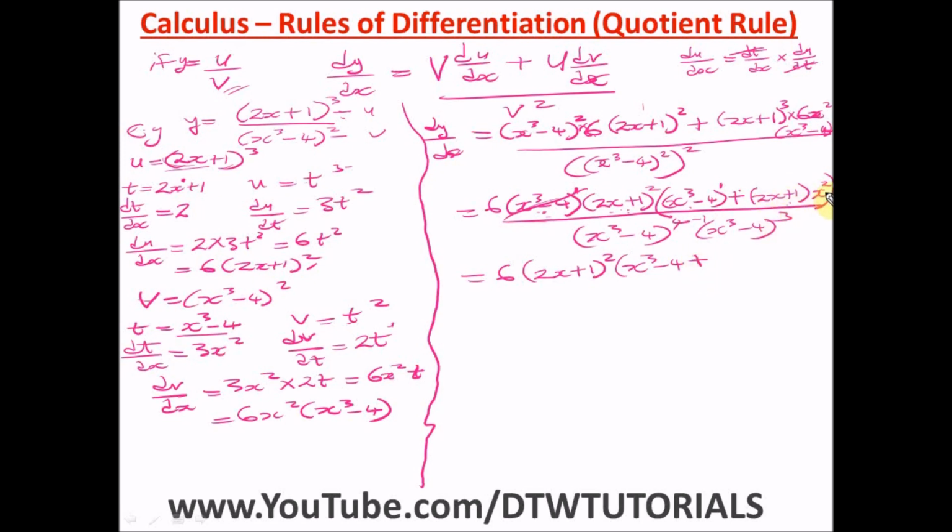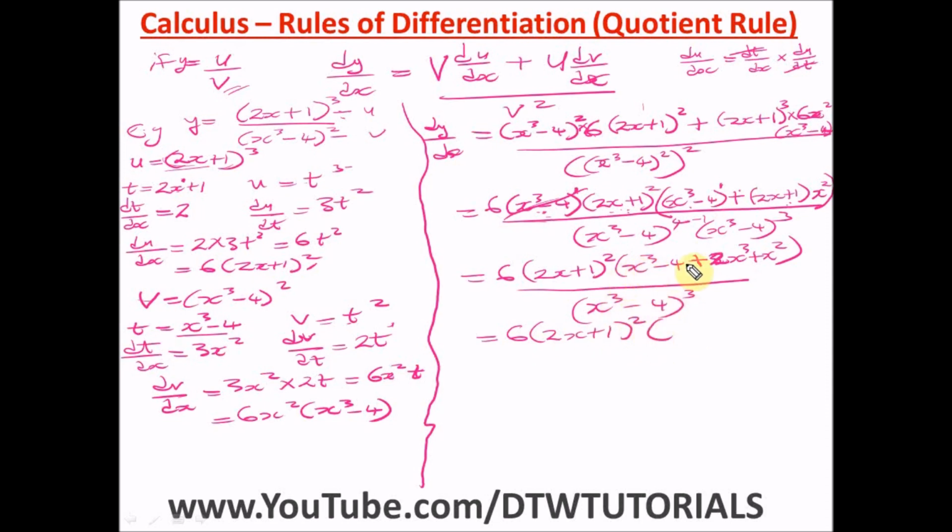So we have x squared times 2x, which gives 2x^3. Then x squared times 1 gives x^2. And what are we left with in our denominator? We're left with (x^3 - 4) all raised to power 3. So from here, we're going to have 6(2x+1)^2.